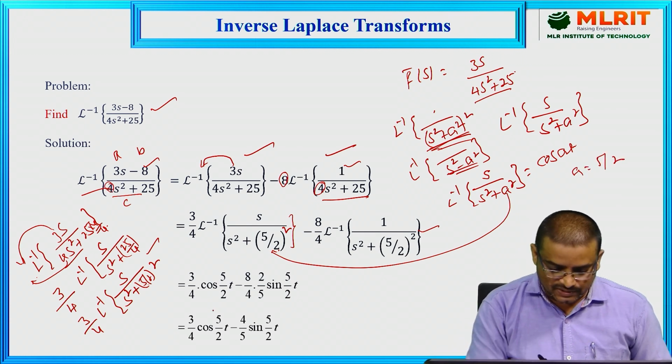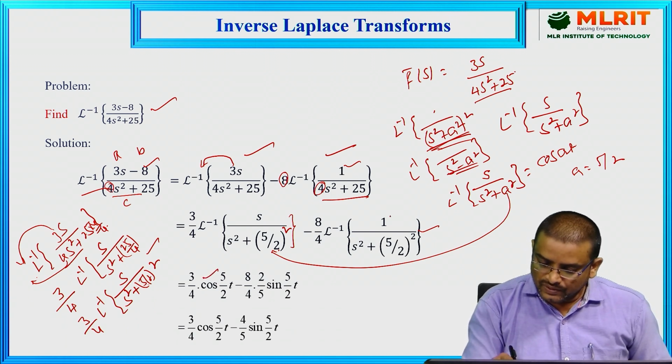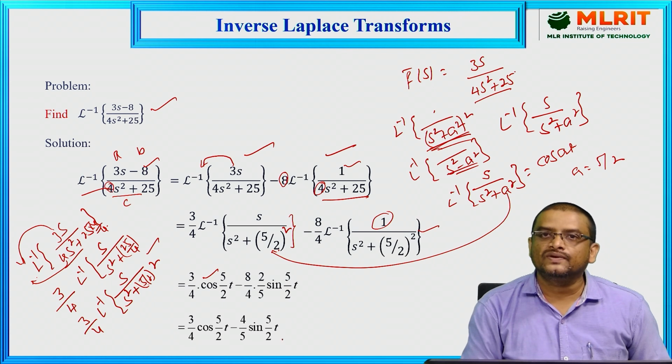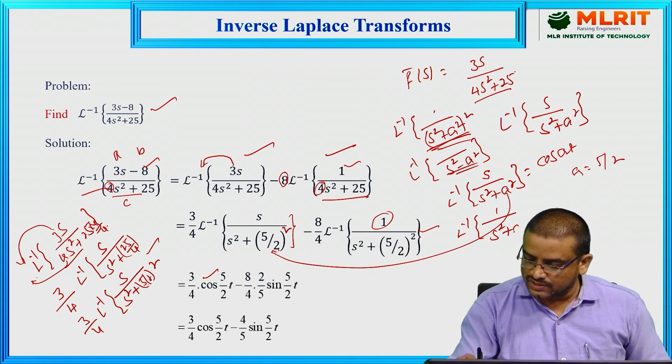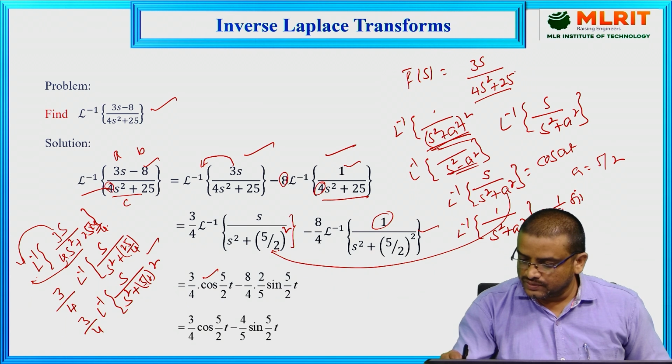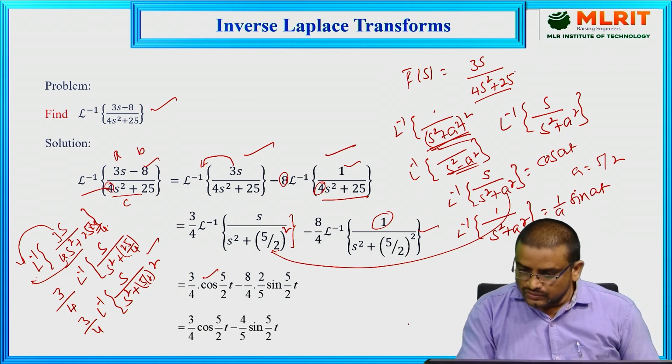Replace that, you will get cos 5 by 2 into t. And for the second term we don't have s in the numerator, so we have to apply another formula, L inverse of 1 by s square plus a square, which can be written as 1 by a into sin at.